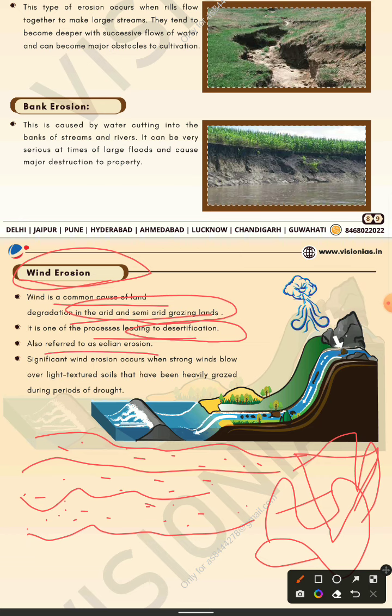deforestation and the erosion. Significant erosion occurs when strong wind blows and the light textures in the soil, with the variety or the great dumping of the drought.